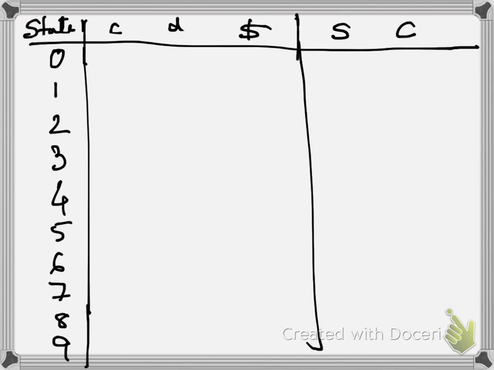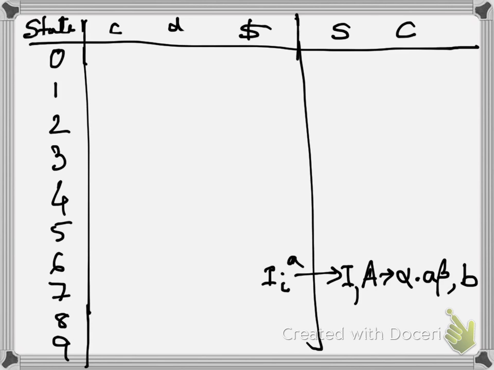So the shift part is the same. That is, suppose I have an item like this, alpha dot A beta, and B is the look ahead, in my collection I. Then go to I on A would be, suppose, J. Suppose I on A goes to IJ.